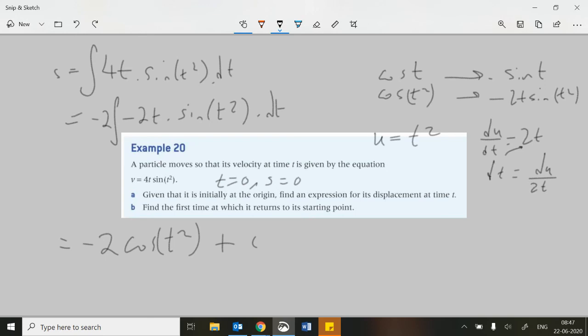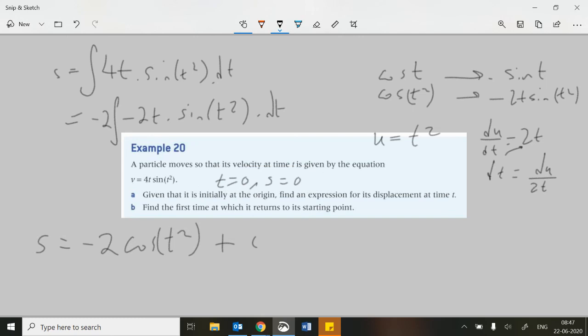Given that, let's just see if we've answered the question. Given that it's initially at the origin, find the expression for the displacement at time t. So we have these initial conditions here, and this is our expression for s.